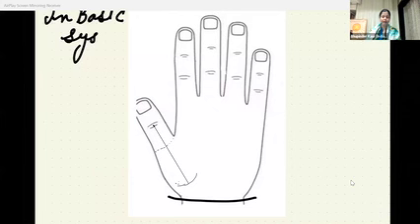And then one more line between the two legs. Now, on this line, we will study the location of the vertebrae.